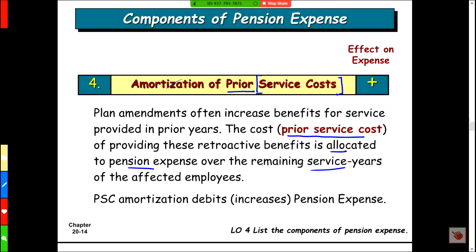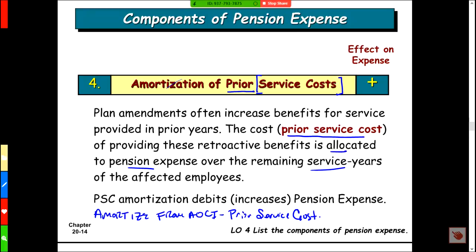So the prior service cost amortization always increases pension expense. What happens is it's amortized from accumulated other comprehensive income, prior service cost. So these OCI accounts that we talked about take the pain out of this big hit to net income.